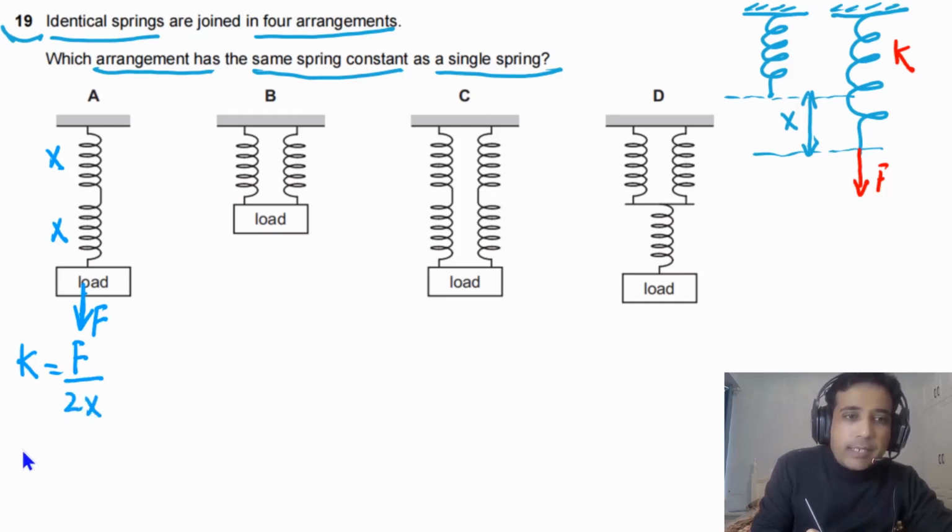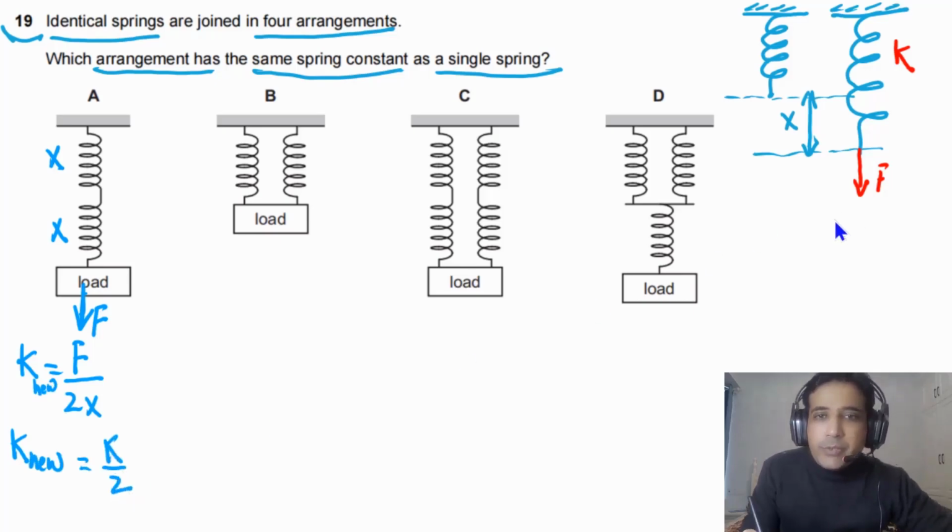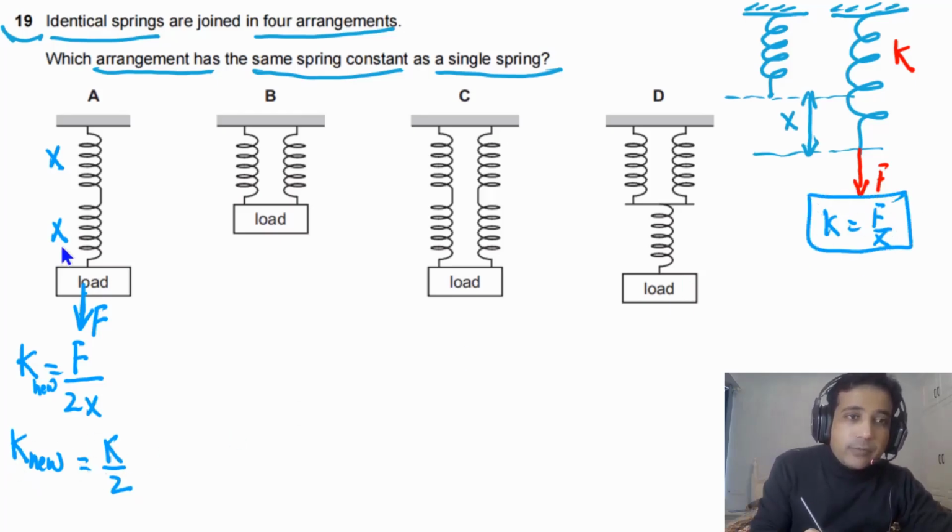So this will be K divided by 2, because K here is equal to F by X. So the value of this K will be half, meaning this spring will be more flexible.